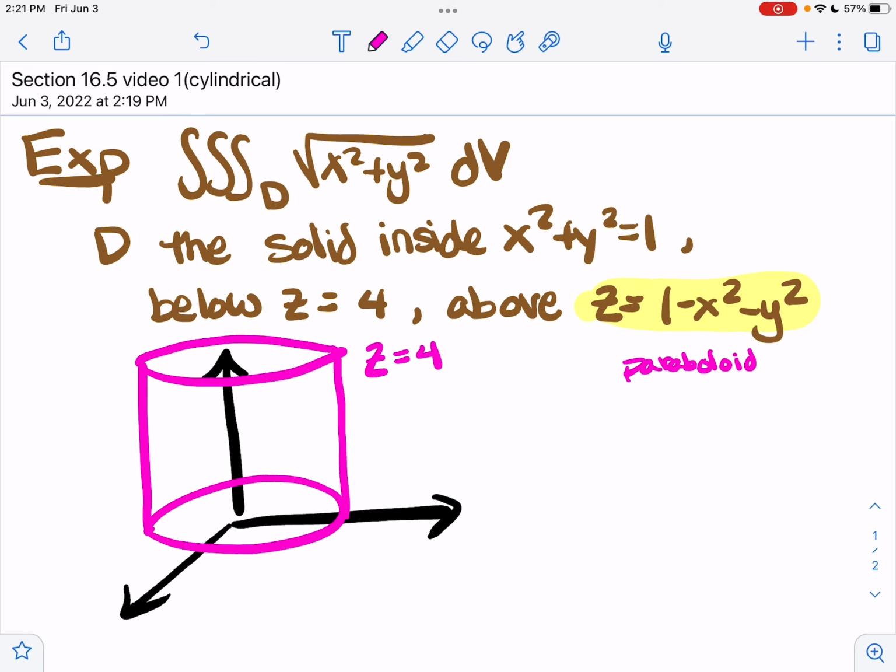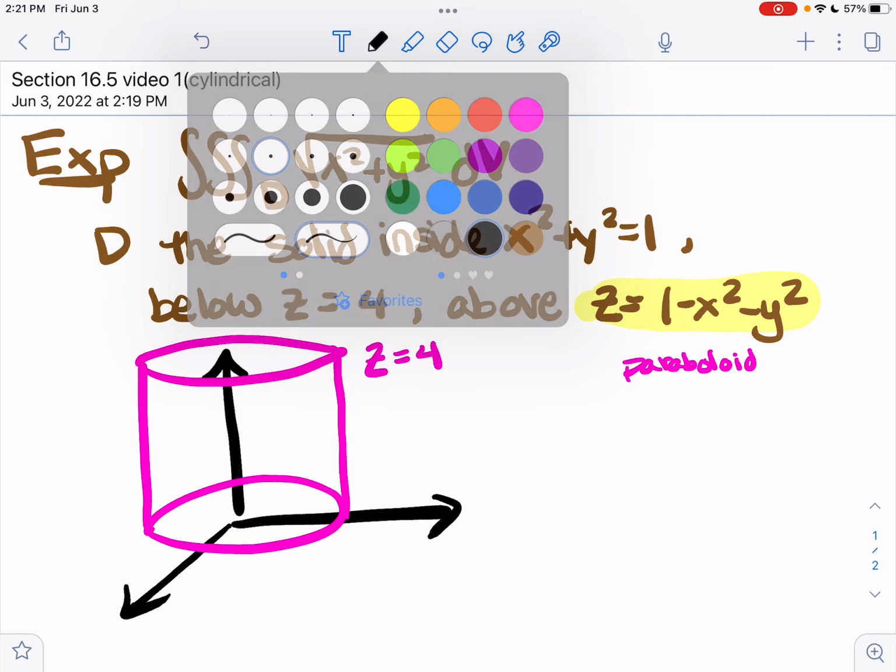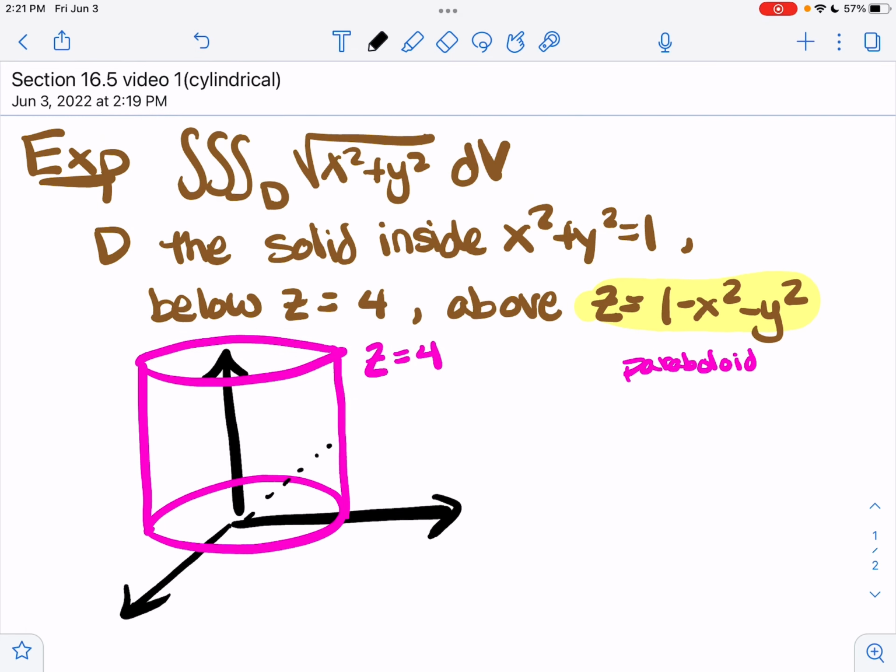So if I could extend maybe the x-axis backwards a bit, I can try to draw what we have, this paraboloid opening downward. This portion is what we're integrating over. Think of that as a can or a cylinder with the bottom scooped out in a parabolic bowl shape. So there's a kind of a bump on the bottom, I guess.